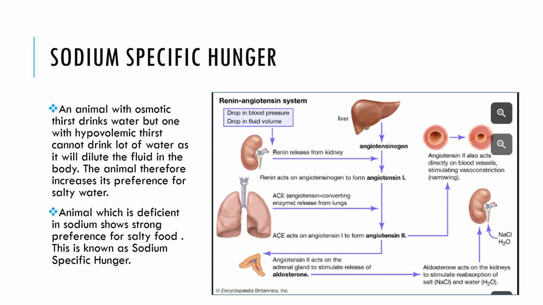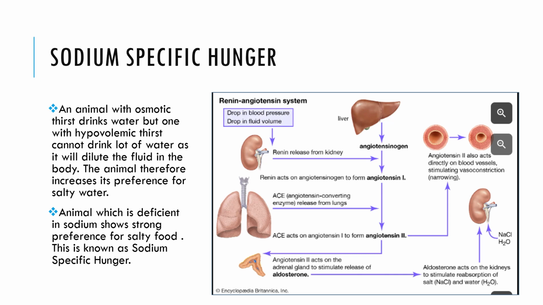Sodium specific hunger. So when a person gets osmotic thirst, that is quenched with the help of drinking water. But when a person has hypovolemic thirst, at that time, if he drinks a lot of water, what will happen is that already the blood is less in the body, it will become dilute.